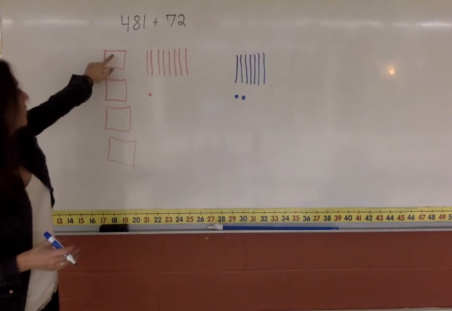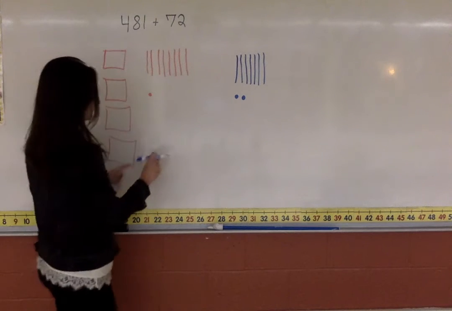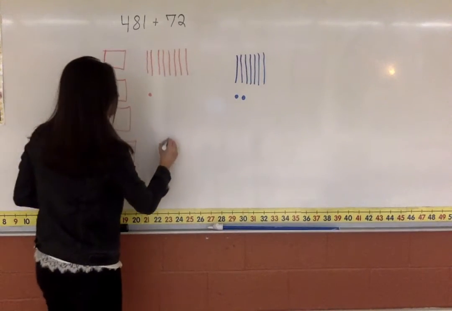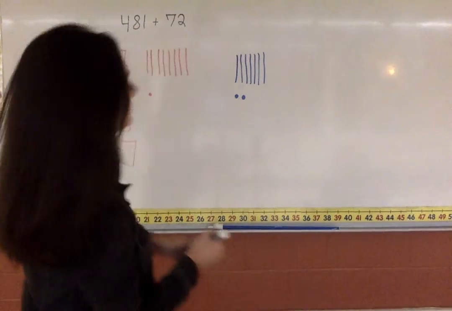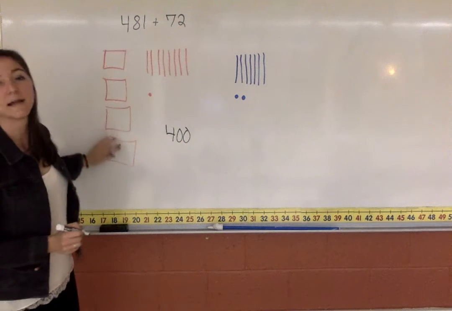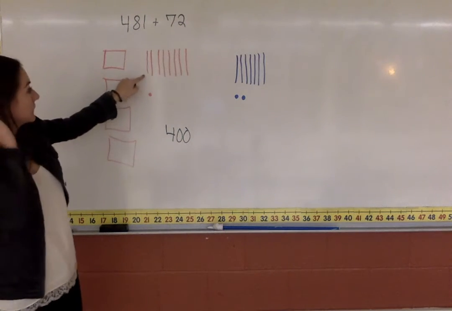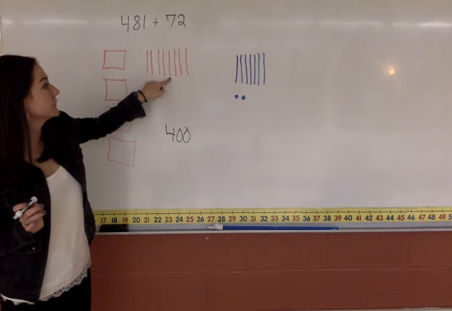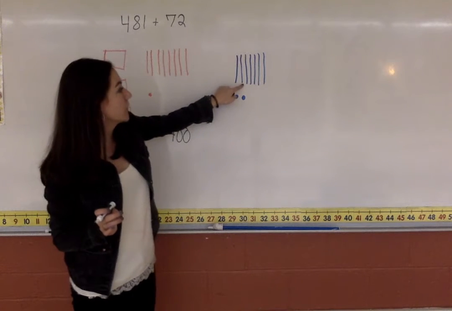So I can say I have 100, 200, 300, 400. Okay, I counted all my hundreds. Now I'm going to count my tens. I'm going to say, okay, 10, 20, 30, 40, 50, 60, 70, 80, 90, 100.